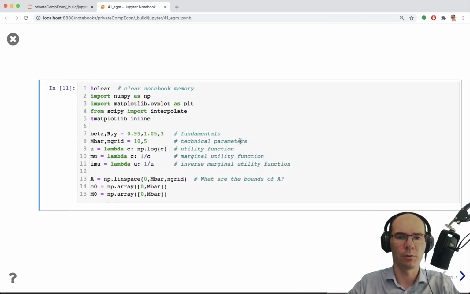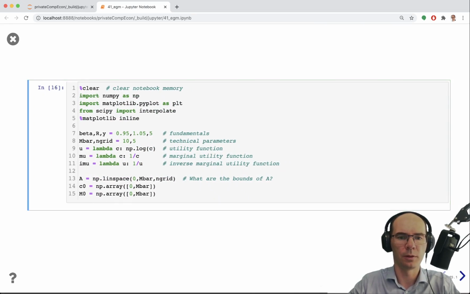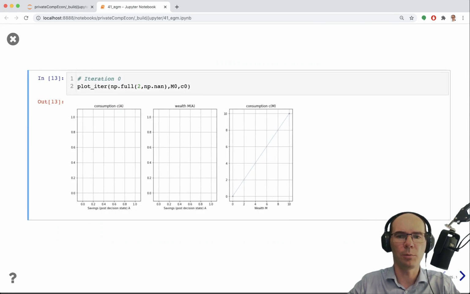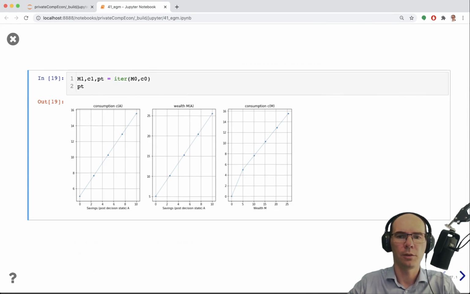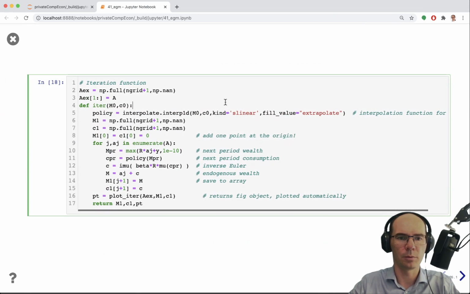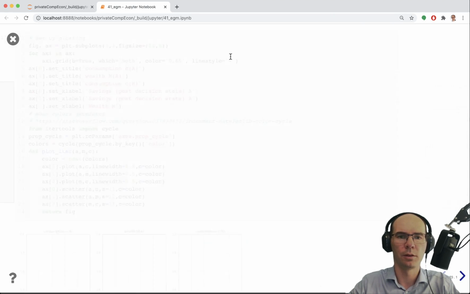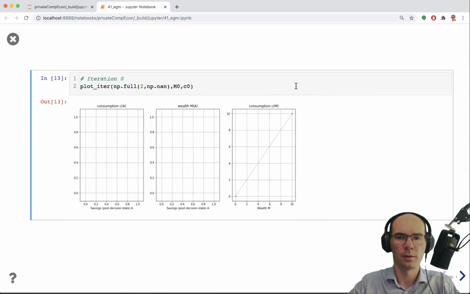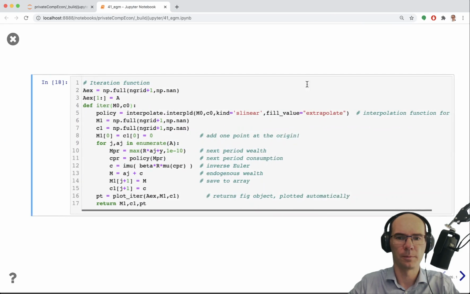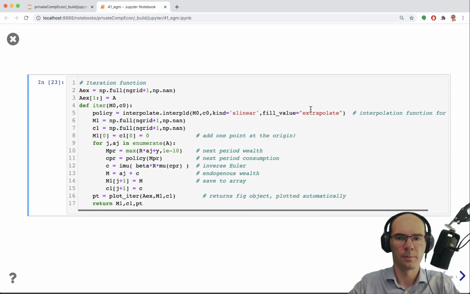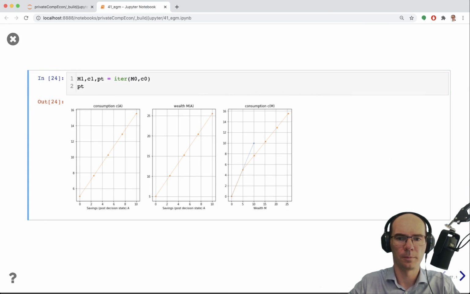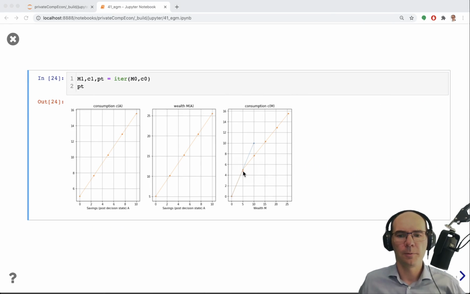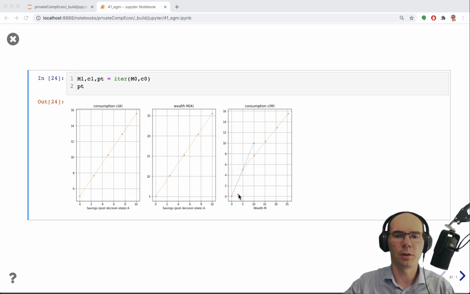Because we have a line on 5, let me set it to 5. So income in each time period is 5. So if you have wealth which is less than 5, something didn't work. There we go.